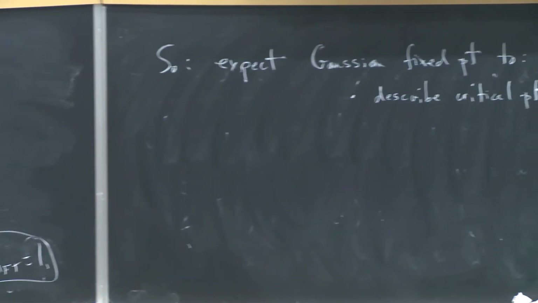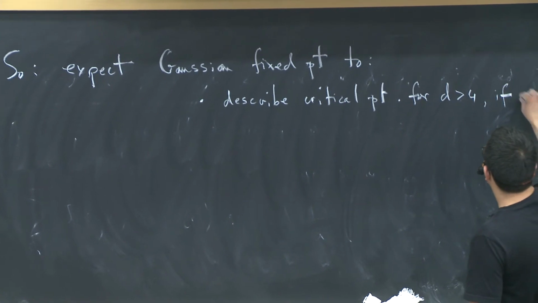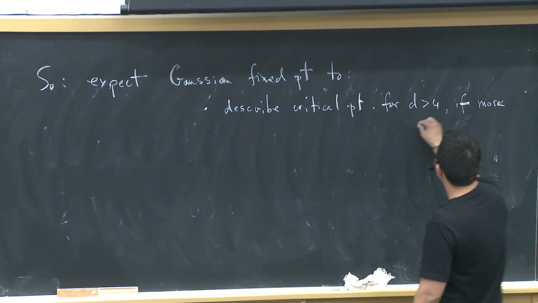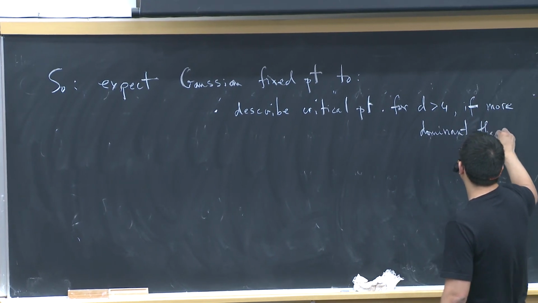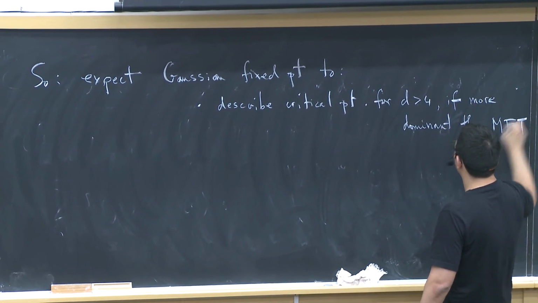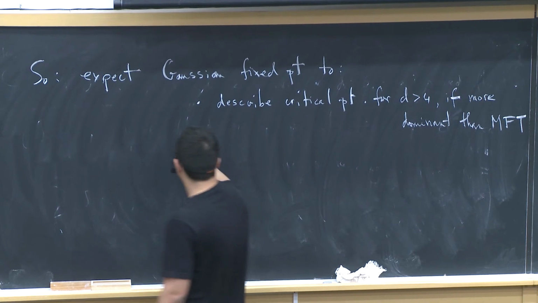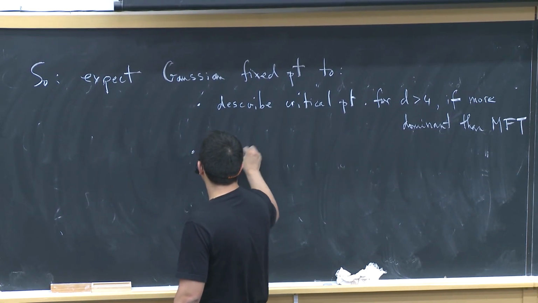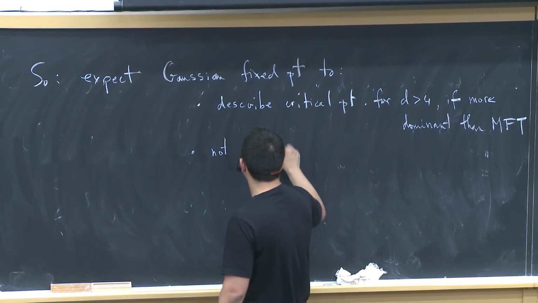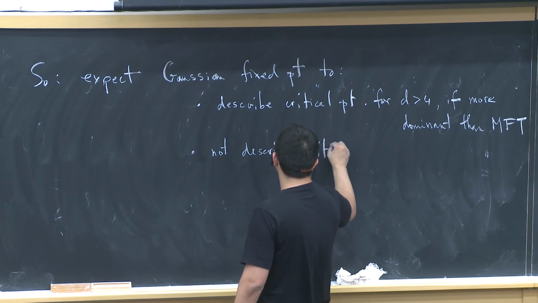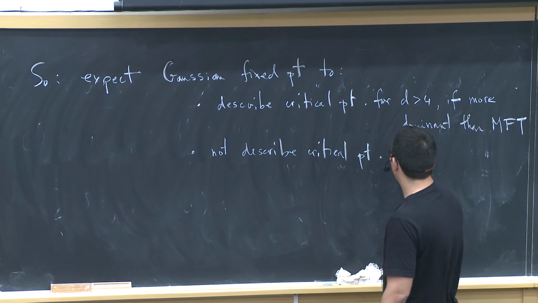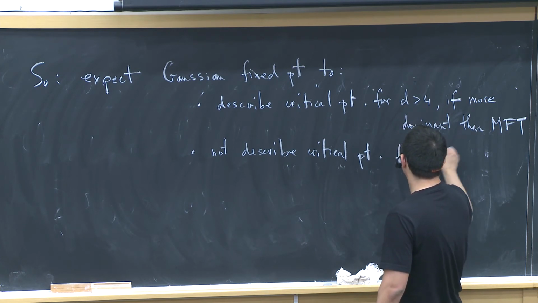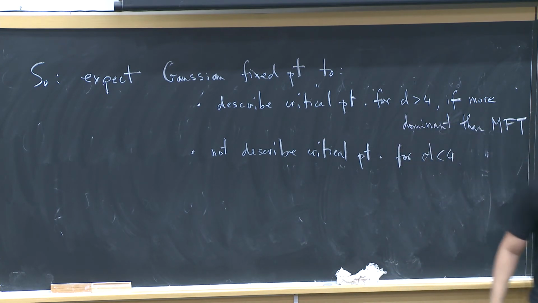Otherwise, mean field theory is going to win. Okay? And we expect it to not describe the critical point in these uniaxial magnets for d smaller than 4, for the simple reason that it has more than two relevant couplings.